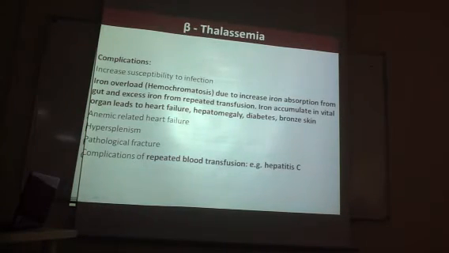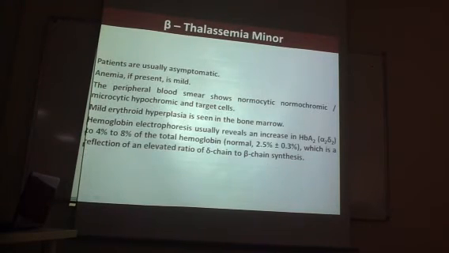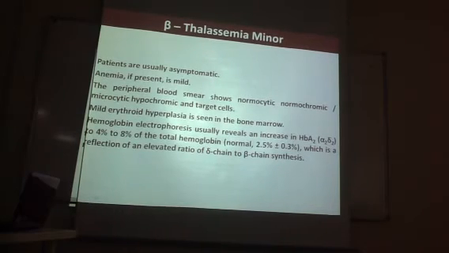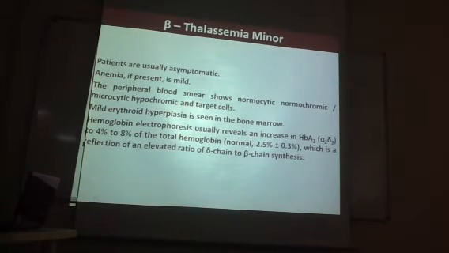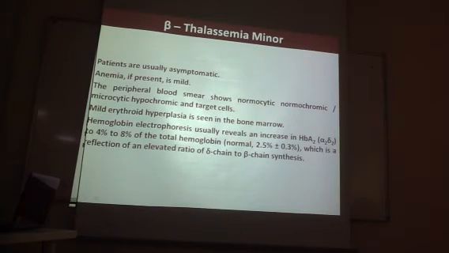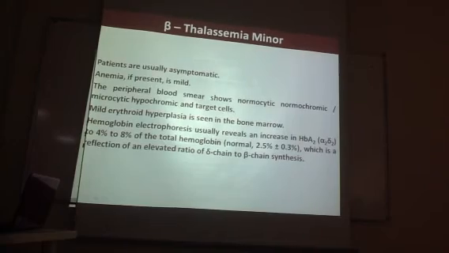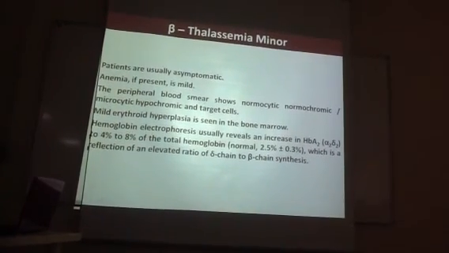So what are the complications? Iron overload is the major complication of the thalassemia. Okay. Beta thalassemia minor, they are usually asymptomatic. They will be normocytic, normochromic. That's why I told in the beginning of the iron deficiency anemia itself, if they are having, for example, 25 years or 30 years or 35 years, female or male coming to a clinic, and the lab report shows normocytic, normochromic, confirm with serum ferritin really what is happening to them.